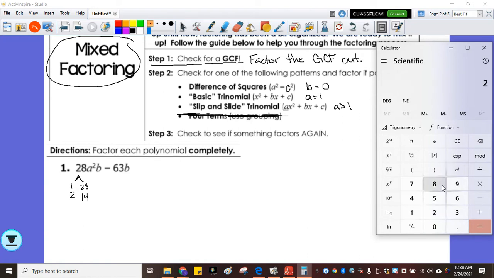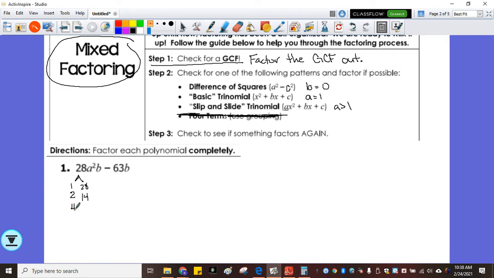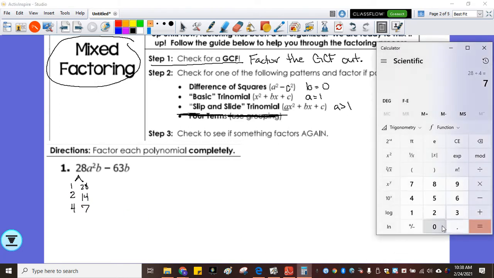You can skip it. 28 divided by 4 is 7. 28 divided by 5, decimal. 28 divided by 6, decimal. And then 7 is my next number.